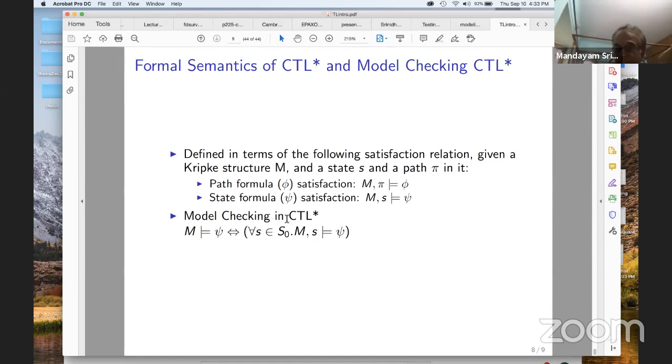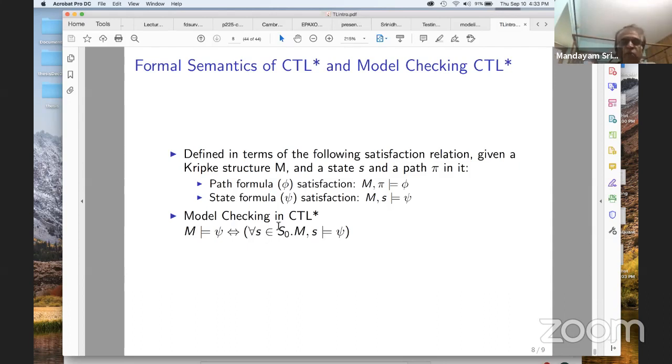As we will see, a sublogic of CTL star is something called LTL. It is CTL star without any path quantifiers, so you only have path formulas there. In which case this will be defined with pi, and it will say every path starting from every initial state.